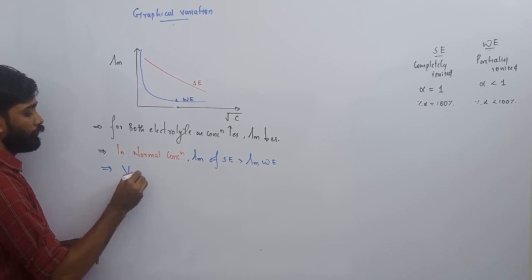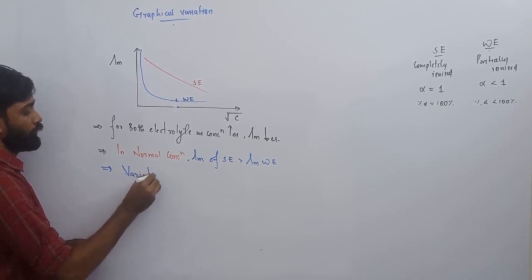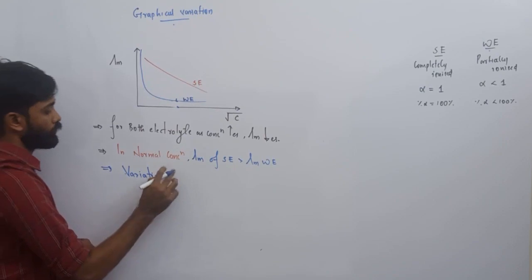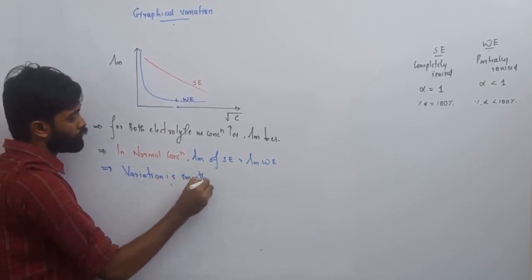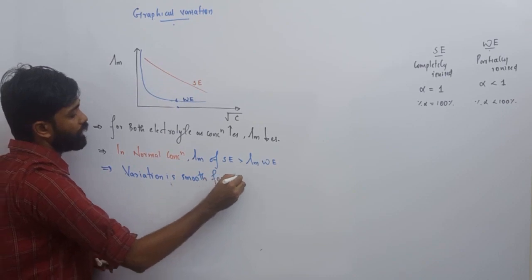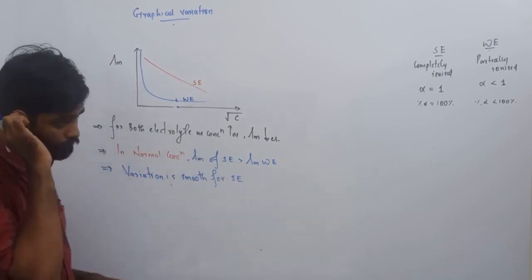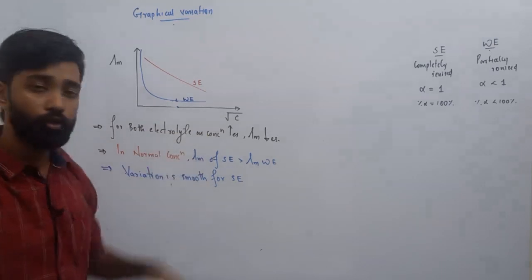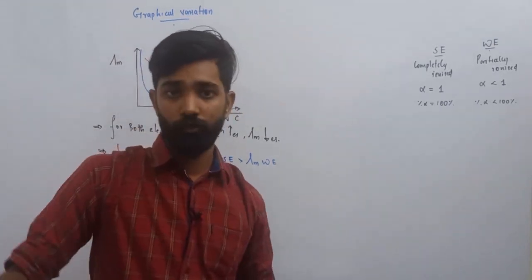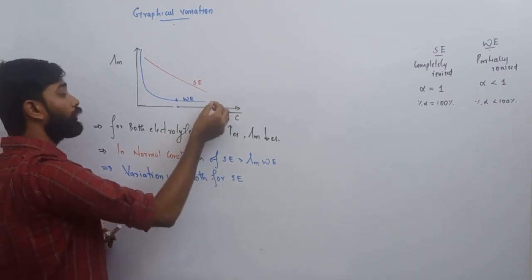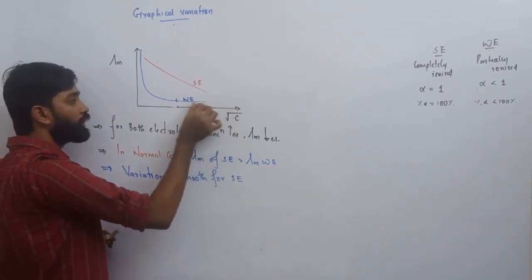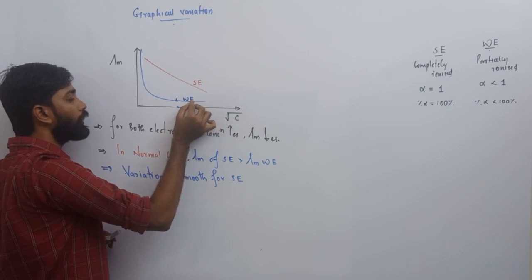Next, the variation is smooth for a strong electrolyte, right? The graphical variation of a strong electrolyte is somewhat a straight line. It is a smooth variation. But in the case of a weak electrolyte, if concentration is decreasing, its molar conductivity is slightly increasing.